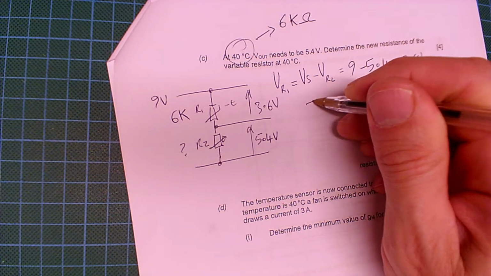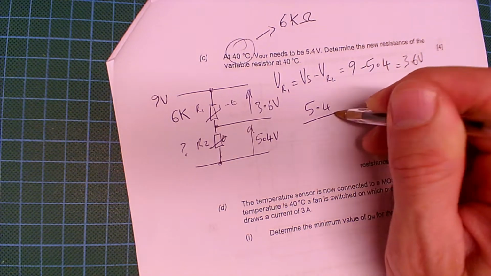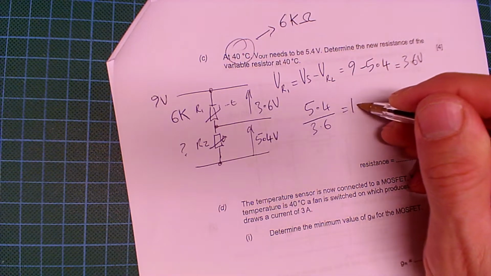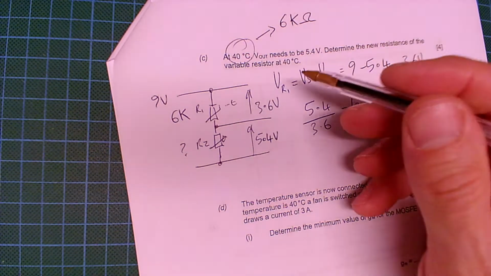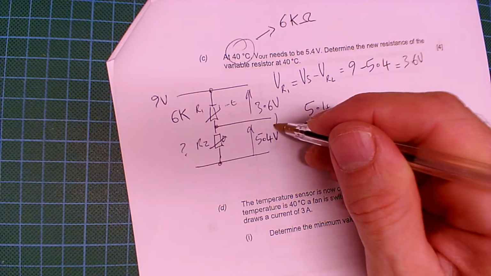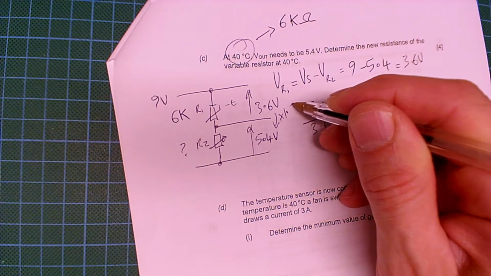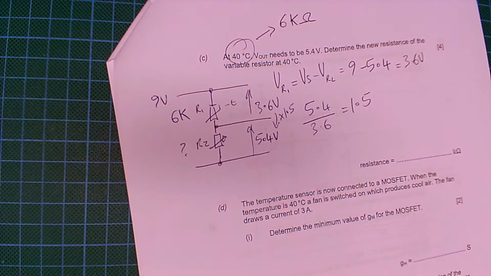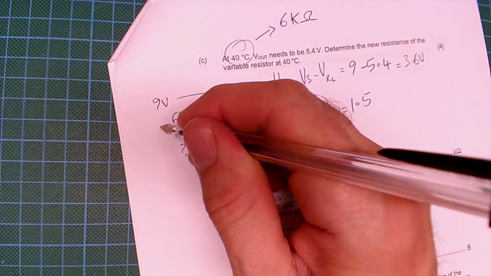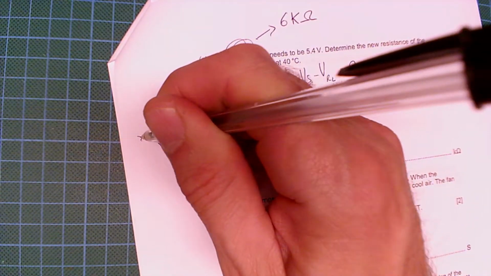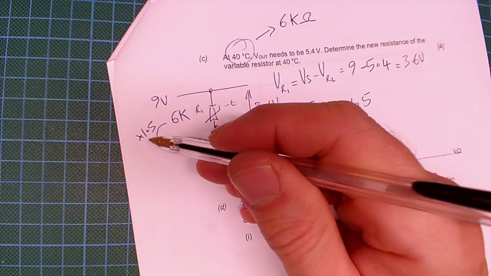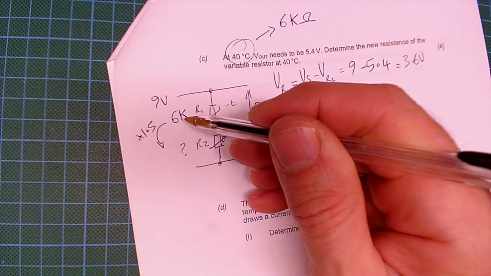So let's do that. So 5.4 over 3.6, and if you do that, that's going to be 1.5 times. Okay, so what I'm saying is 5.4 is 1.5 times greater than 3.6, which means also that this resistance is going to be 1.5 times greater than 6.